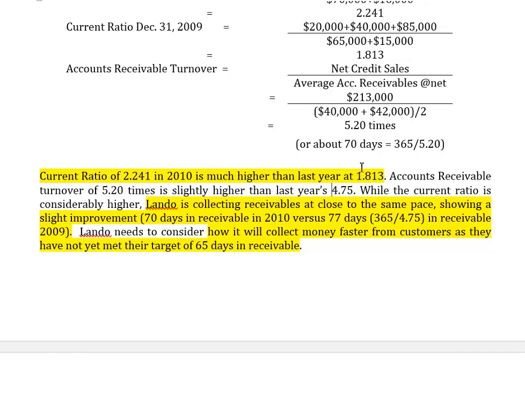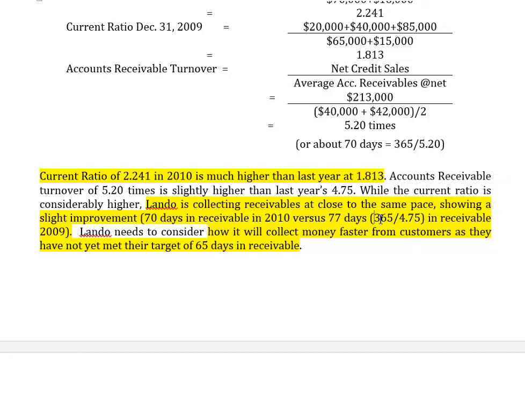Now, even though our current ratio is higher, Lando is collecting receivables at close to the same pace, because what we're seeing is that our receivables are 70 days in receivables, as opposed to 77 days. So even though we are collecting our receivables faster, where they're only 70 days in AR versus what they were last year, which is 77 days.